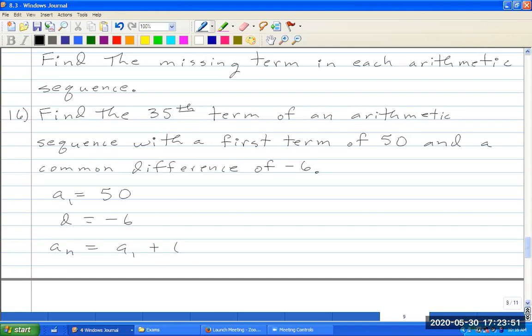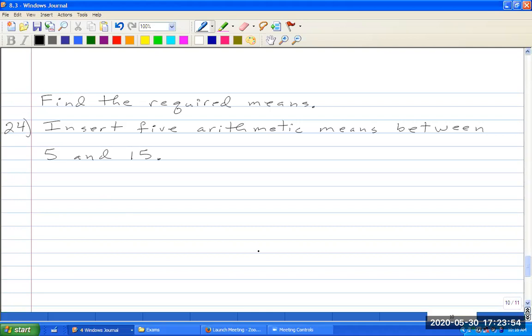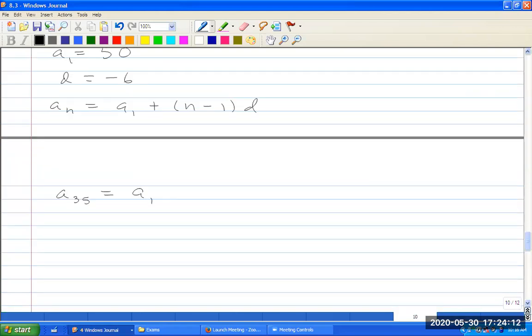And so the 35th term, a sub 35, is equal to a sub 1 plus (35 minus 1)d. And maybe I'll actually plug in those numbers. So a sub 35 is a sub 1 plus (n minus 1)d.